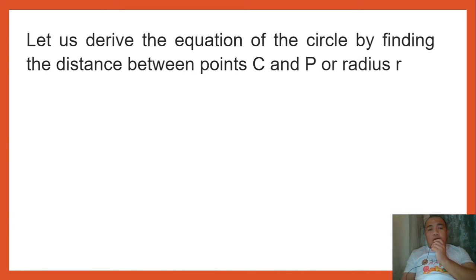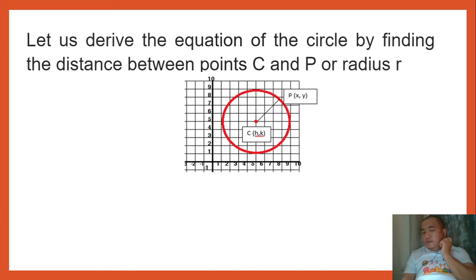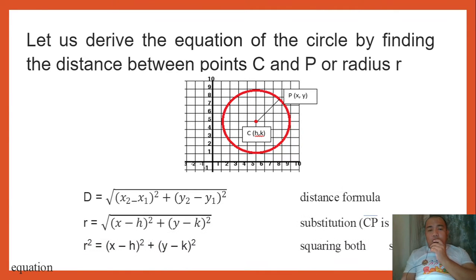So let us now derive the standard form of the equation of a circle. From this figure with center (h, k) and point (x, y), using the distance formula, square root of (x sub 2 minus x sub 1) quantity squared plus (y sub 2 minus y sub 1) quantity squared, let us find the distance between the center and the point P, which is also called the radius.